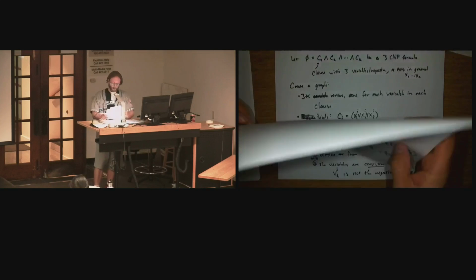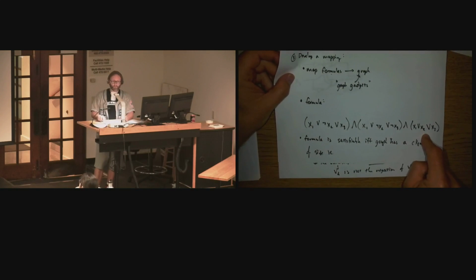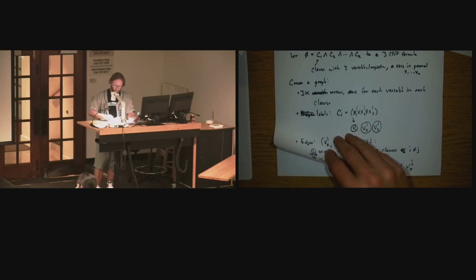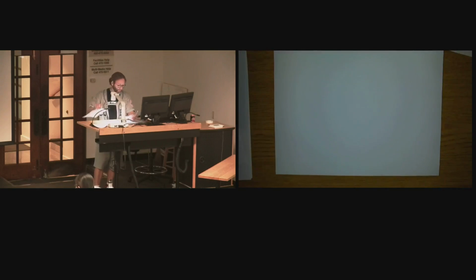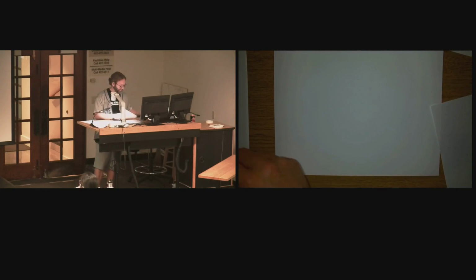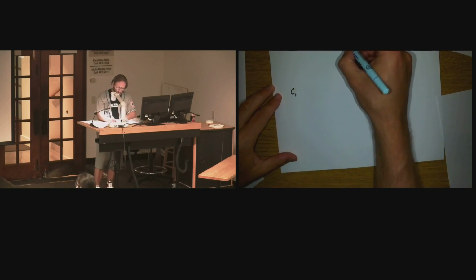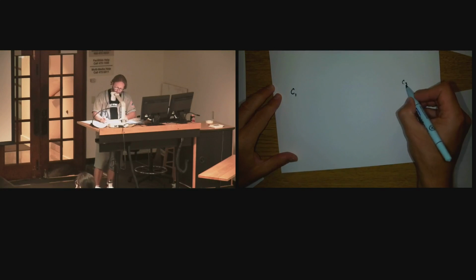I've got 3 clauses, so I will end up having 3 times 3, 9 vertices. I'm going to draw it so that clause 1 is over here, clause 2 is over here, and clause 3 is over here.